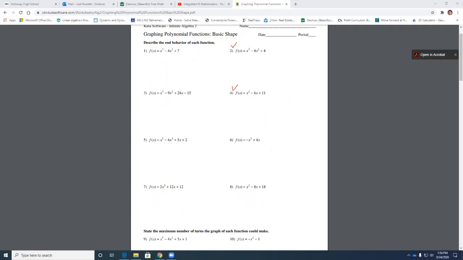Let me try again. Let's do the x-axis here and the y-axis here. And we said that if x is 0, this term goes away and this term goes away, and that leaves me a 4. If x is 0, y is 4. So I know the y-intercept is 4, which means the point (0, 4) is on the graph.